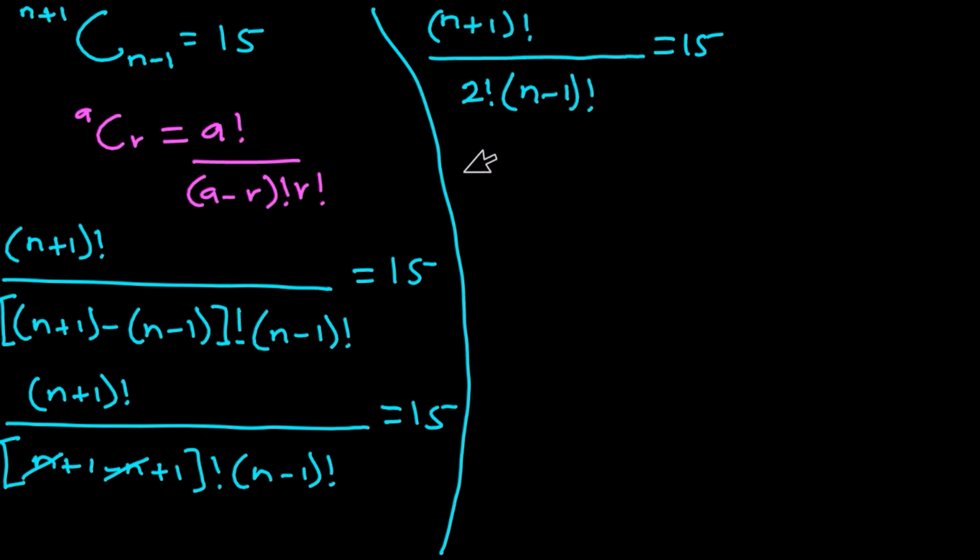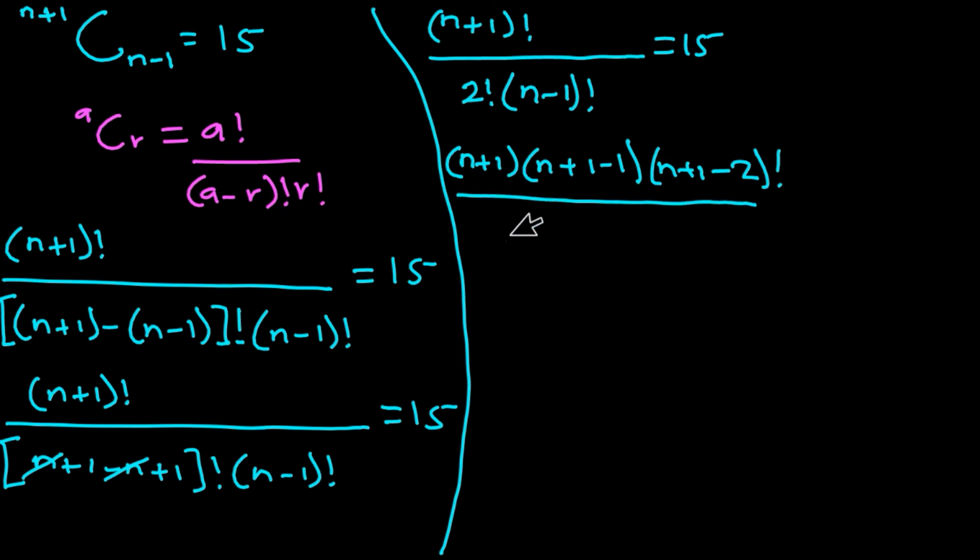So we have n plus 1 here, then n plus 1 minus 1, then (n plus 1 minus 2) factorial all over 2 factorial (n minus 1) factorial, and this is equal to 15, right?